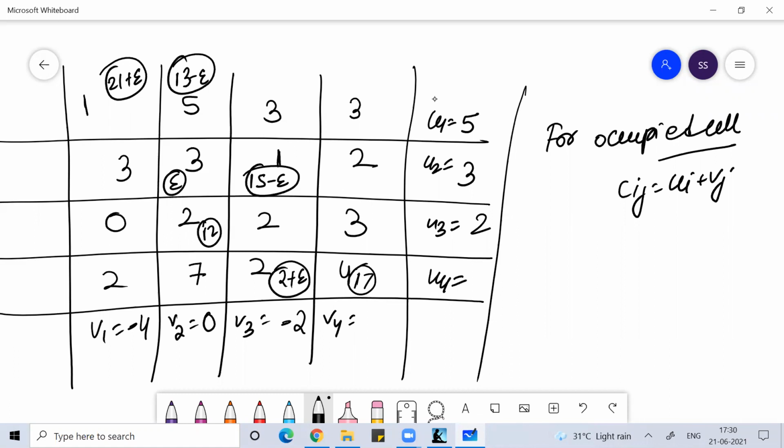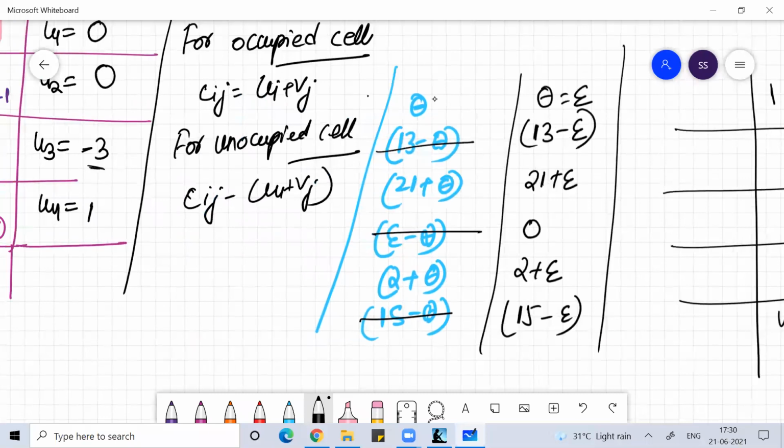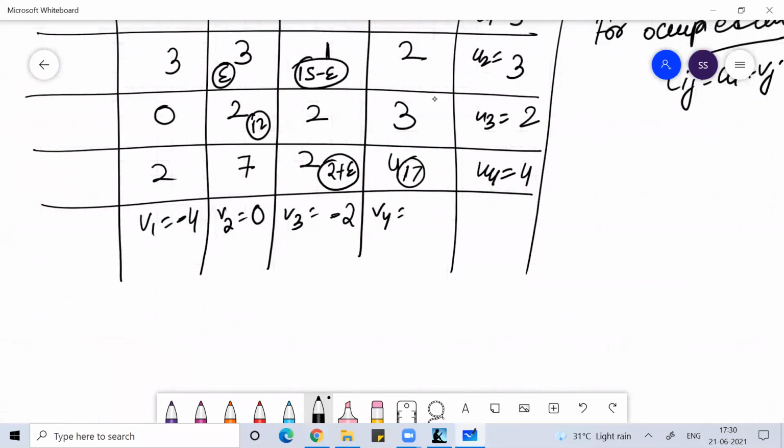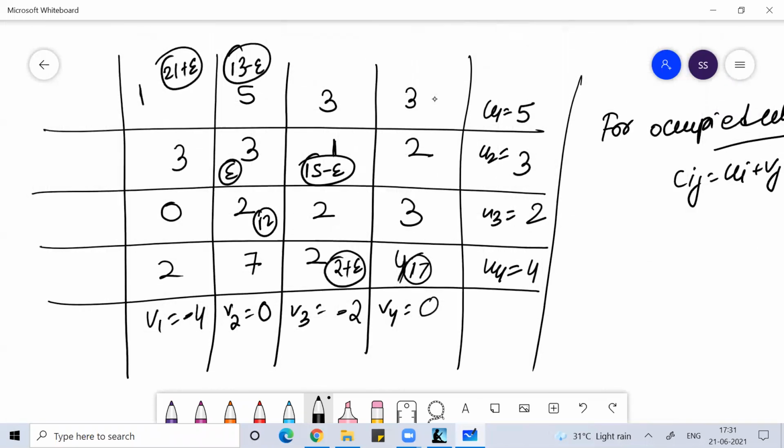Then it becomes 4. This becomes 4, and this value is 417. This is u0. So you can see your allocation.